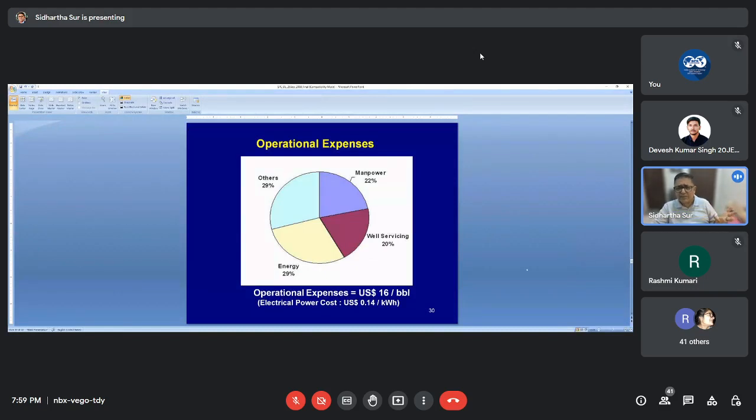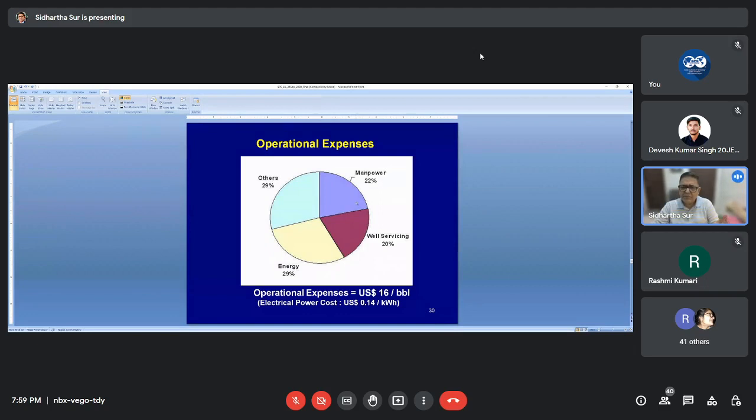About the operational expenses at that instant, not today, please, for God's sake, don't take it as today's. That was around $16 a barrel, and almost 30% was the energy cost of running the compressors, and manpower 22%.